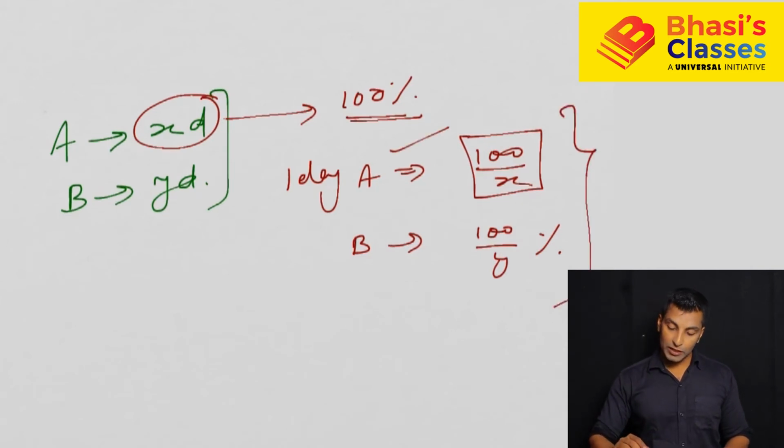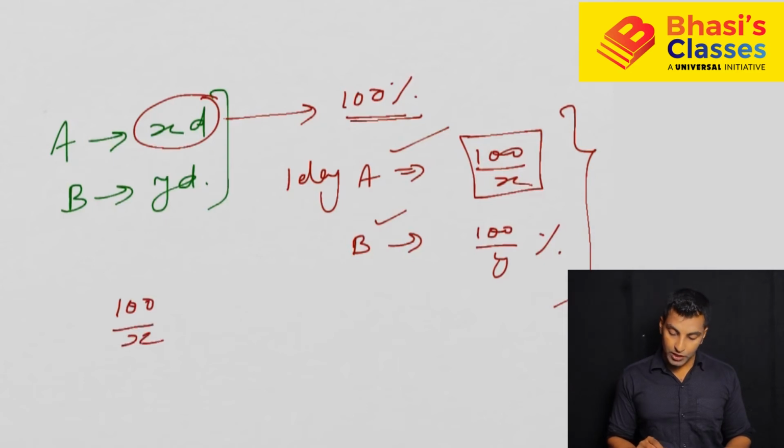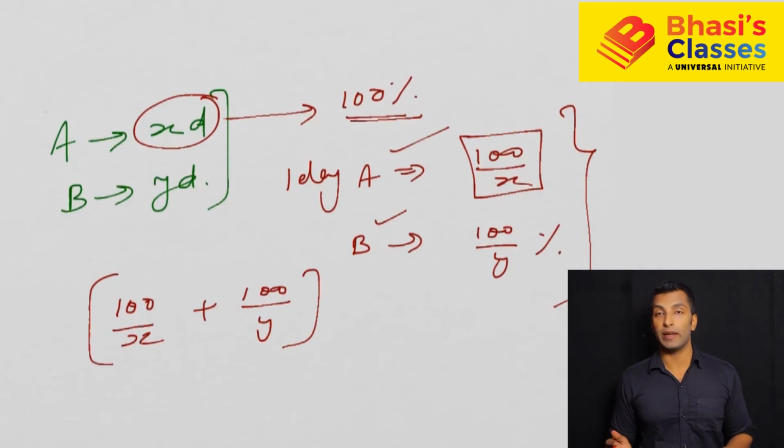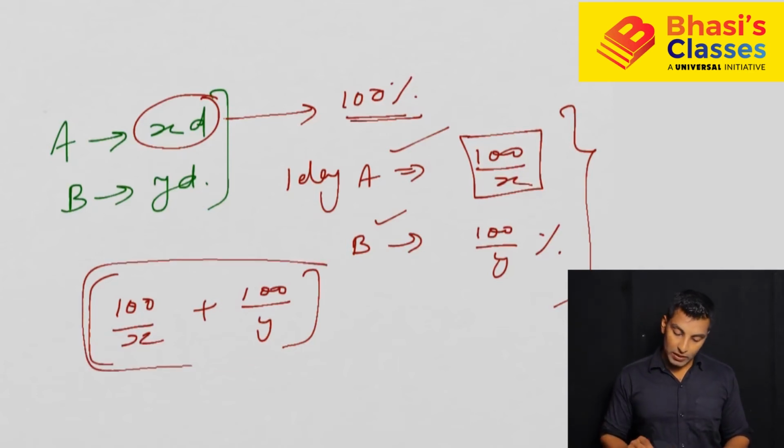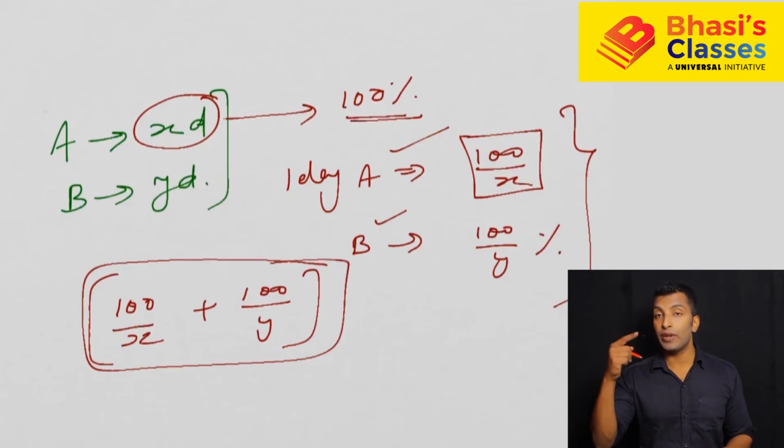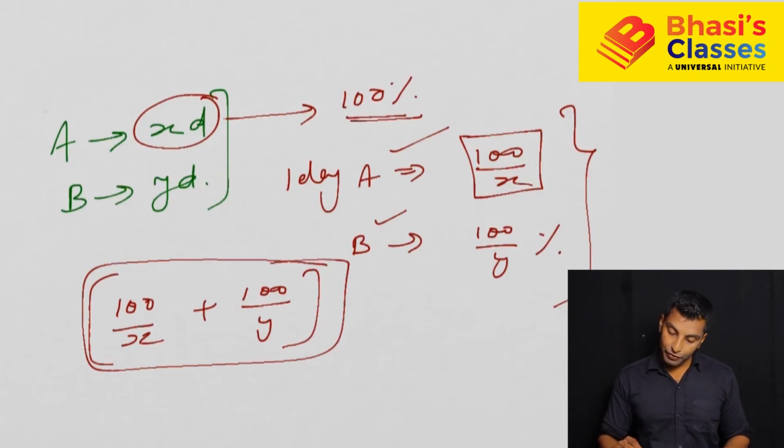Now see, A and B working together, what percentage will be completed? 100 by X percentage plus 100 by Y percentage of work will be completed. Then you will see together how much they completed, and then you need to divide that from 100.